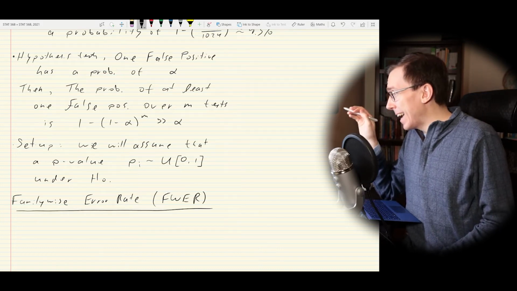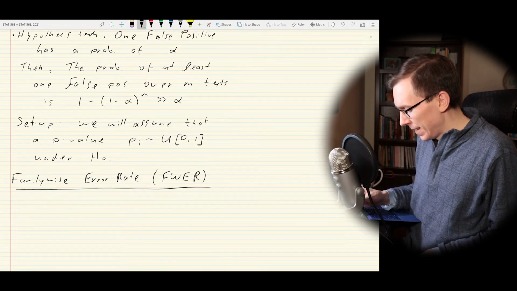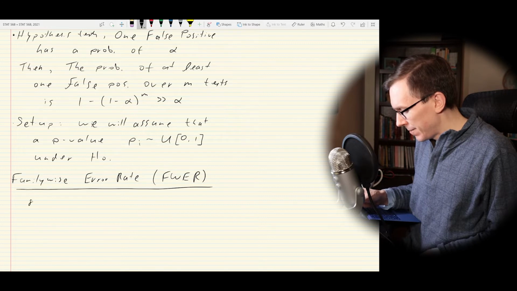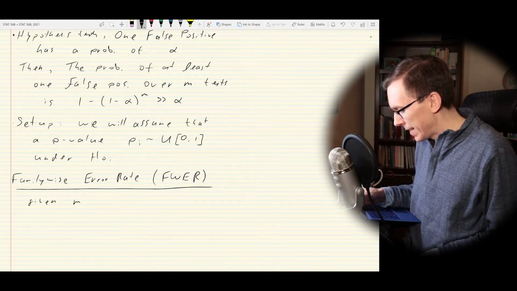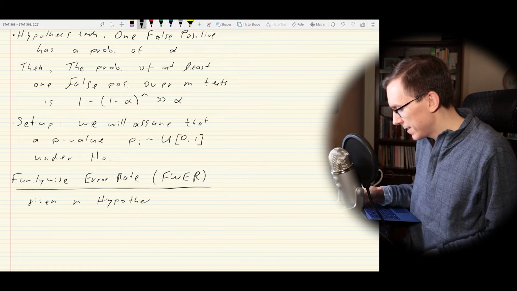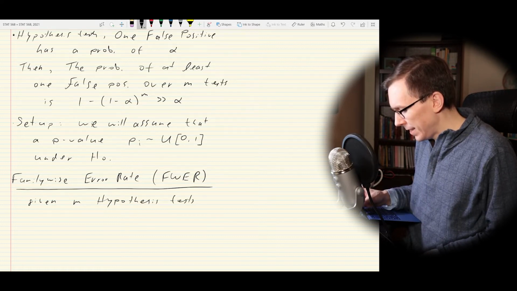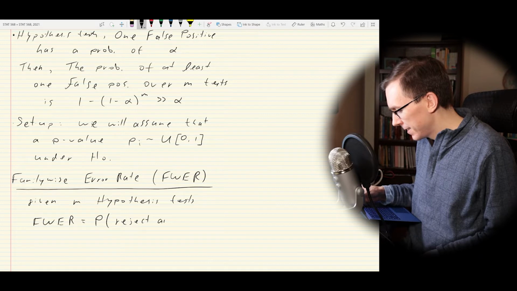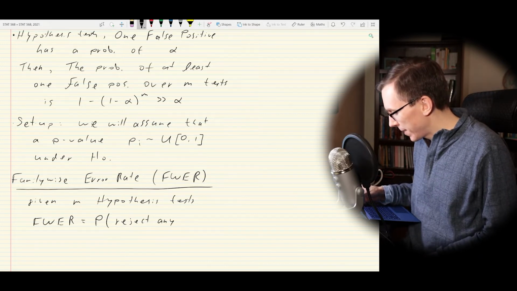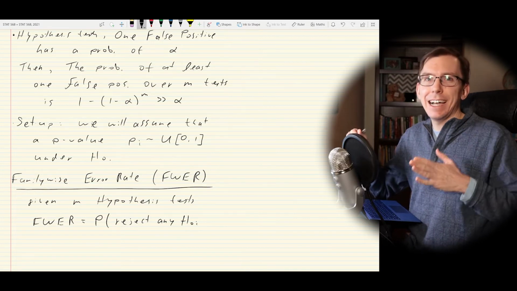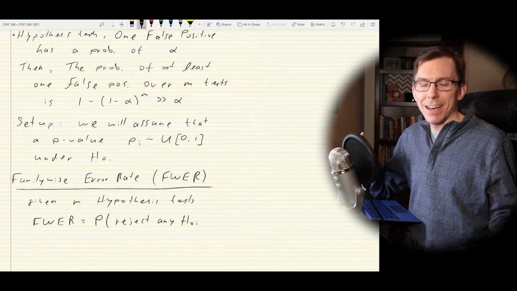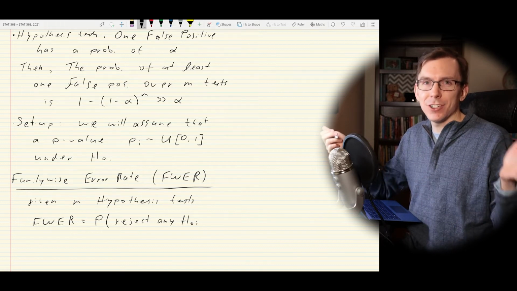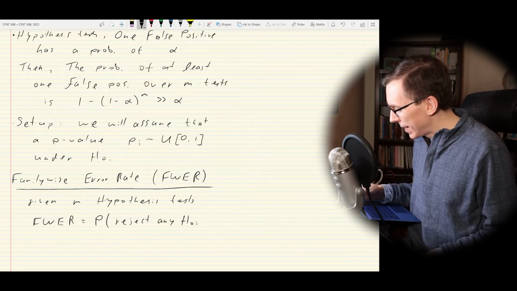Okay, so what is that? Well, the idea is that given, we'll say, M hypothesis tests, the family-wise error rate is the probability that we reject any H naught. I'm going to write H naught i, which is the ith null hypothesis, right? We're going to have an H1i for the ith alternative and an H naught i for the ith null hypothesis.